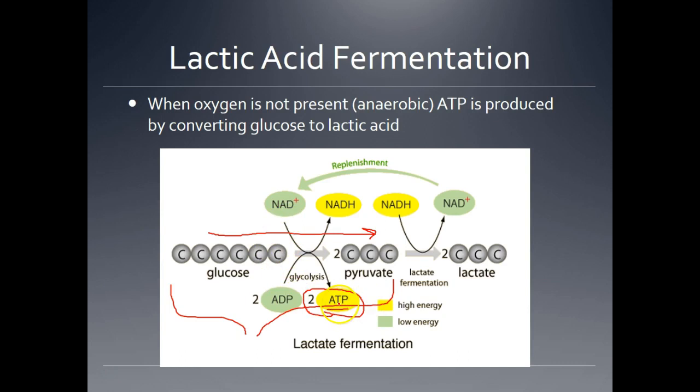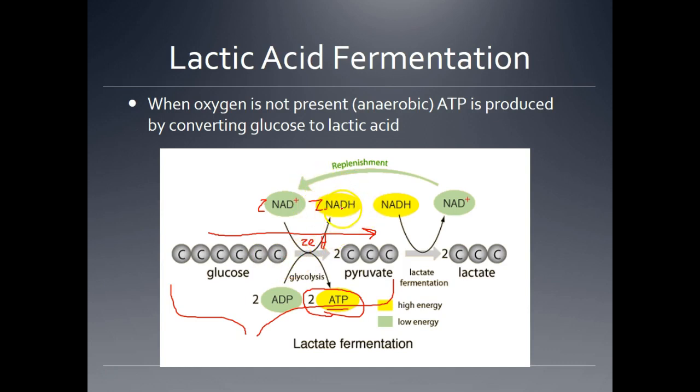As you produce ATP, remember we produced 2 molecules of NADH from 2 molecules of NAD+. Now, think of it like this. NAD+ is going to grab 2 electrons and a hydrogen ion from the 2 G3Ps to produce 2 NADHs.